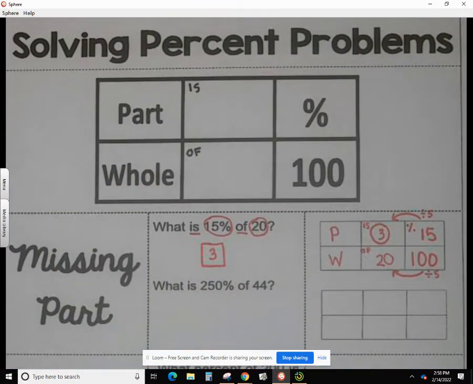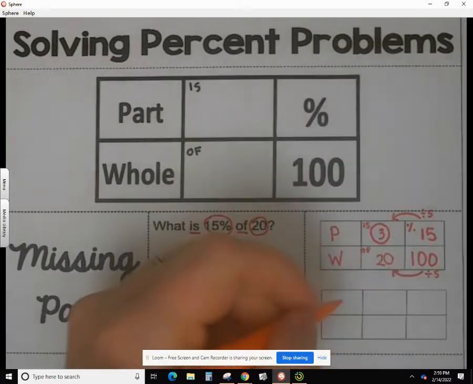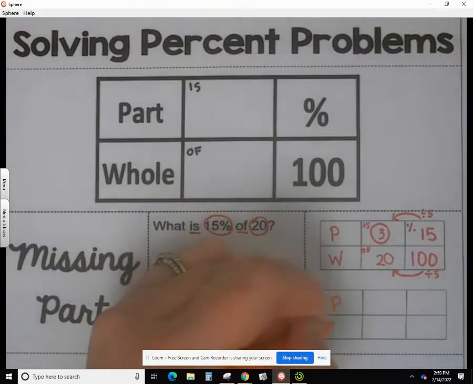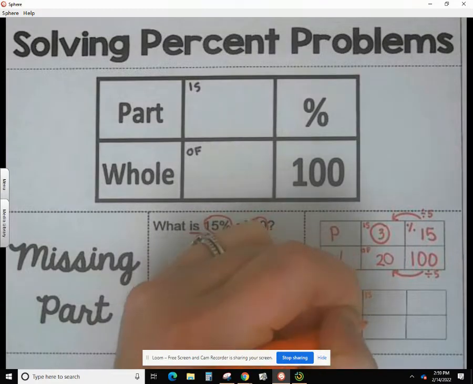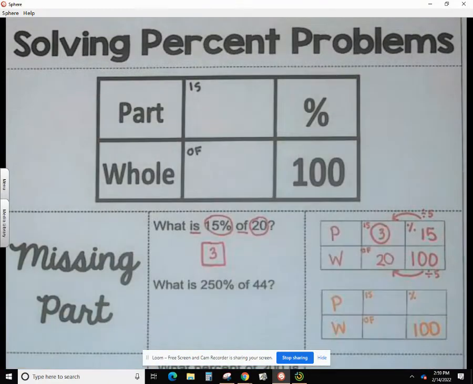Let's try another one like that. Again, just for today, normally we would label what the part represents in the problem and what the whole represents, but for today, we're just going to do P and W for part and whole. Is over of, percent over 100.